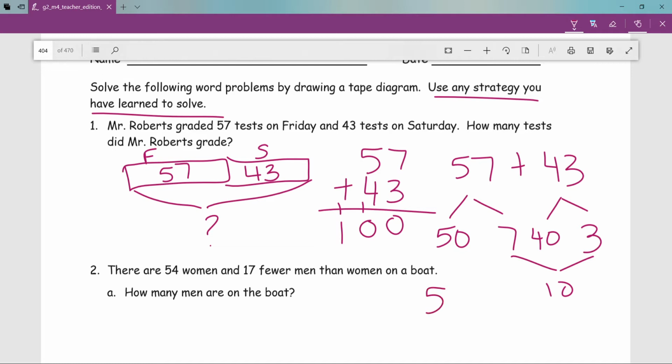So you would add 50 plus 40 plus 10, which is still going to give you 100 as your answer.